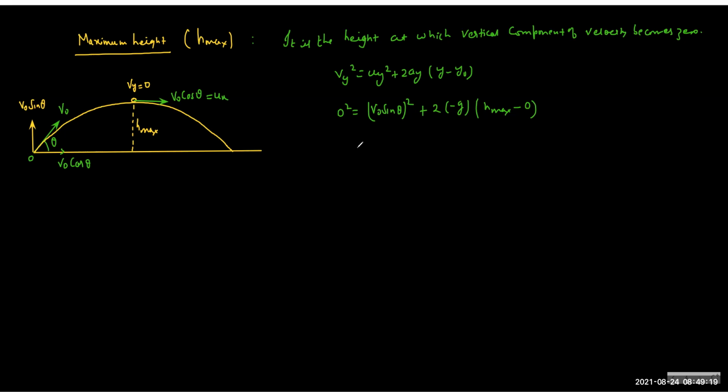So this gives us a very nice and simple formula: H max equals V naught square sin square theta by 2g. Or the other way of looking at it is Uy square by 2g.